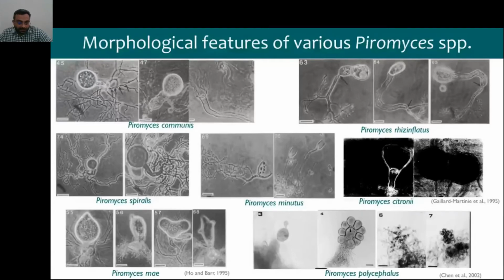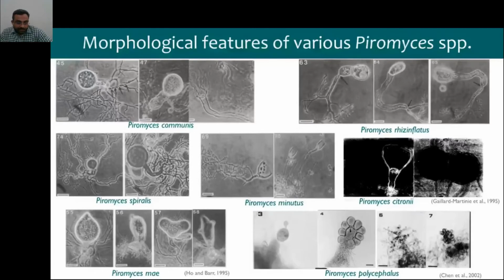In Pyromyces spiralis, it is the rhizoidal structures that are highly spiralated, and in case of Pyromyces minutus, it was the small size of sporangia, and also the zoospore liberation through the apical pore, leaving a cup-like structure.